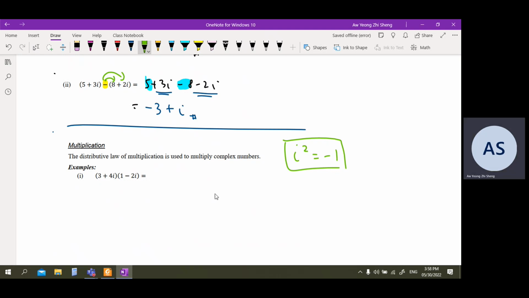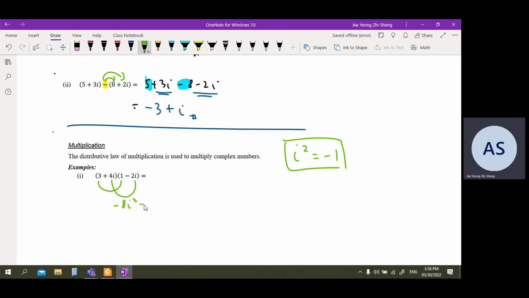Okay. So look at the combinations that we will get when we expand these two brackets. There are two combinations that will generate the real term at the end. 3 times 1 will generate a real term. 4i times minus 2i, this will also eventually become a real term. Because 4i times minus 2i will give us a minus 8i squared.